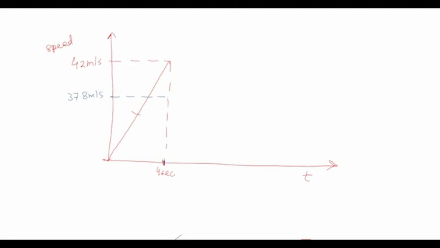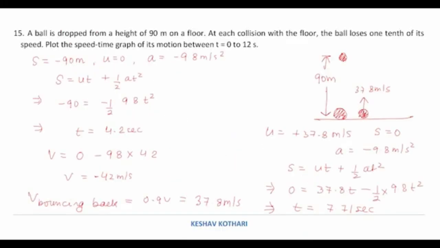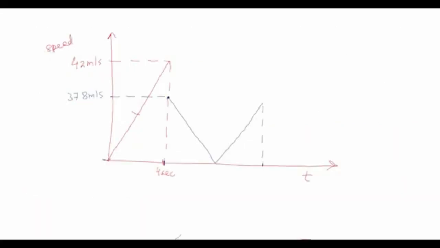And after this point, it is going to rebound back to a certain height where its speed will become 0, and after reaching that height it will again come down to hit the ground again with the same speed. And this complete duration took place in a time duration of 7.71 second. So we can add 7.71 plus 4, that is 11.71 second.